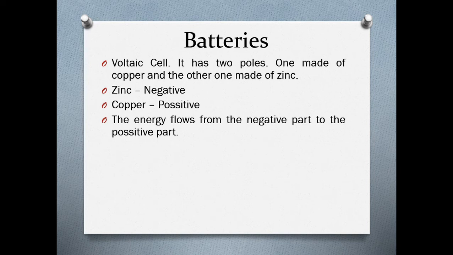And here's what I was telling you about the direction of the particles. The energy flows from the negative part to the positive part. And that is something that always happens. So in the case of the batteries, the energy is going to start flowing from the negative part to the positive part. Okay. And here we have a normal battery.